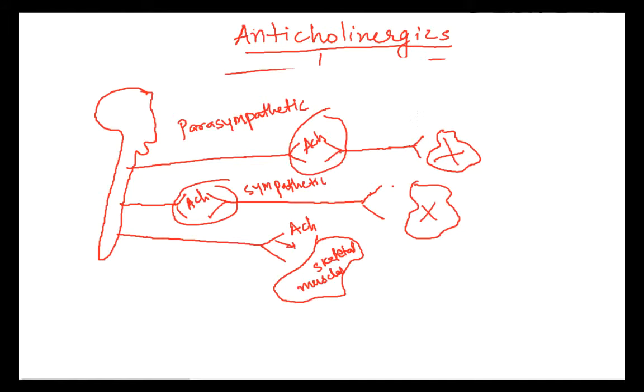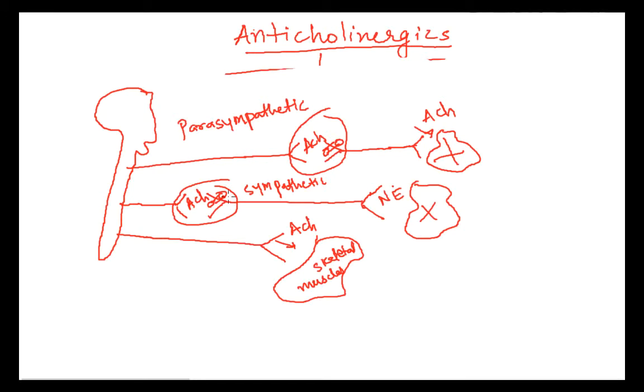Here in parasympathetic you have ACH, that is acetylcholine, and here in sympathetic you have norepinephrine.